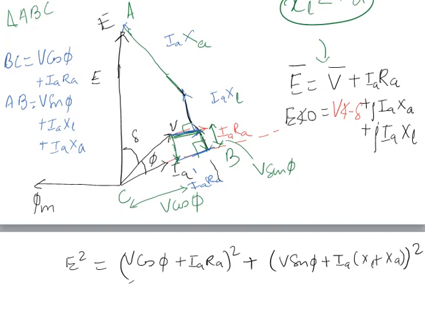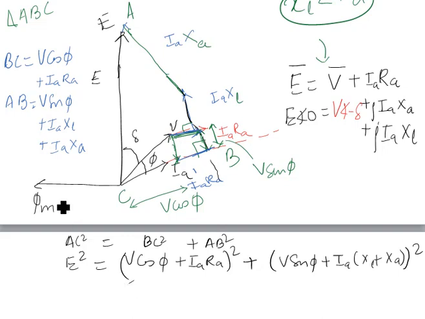So this is AC square, the hypotenuse square, equal to BC square plus AB square, right? This is the same formula, Pythagoras theorem.